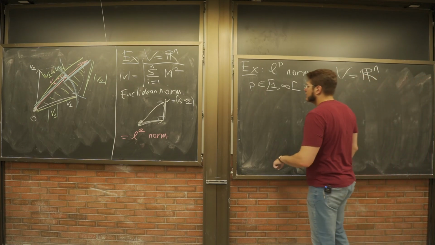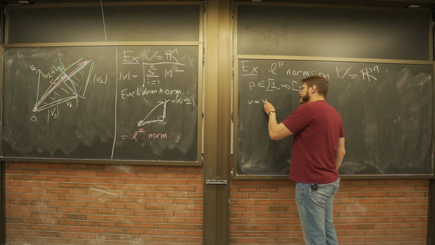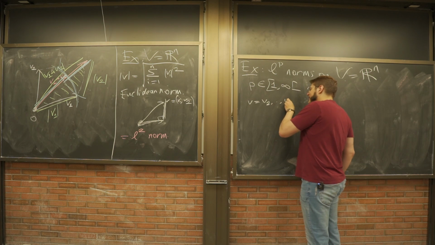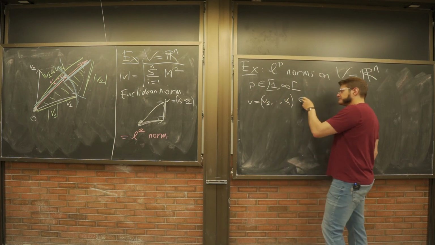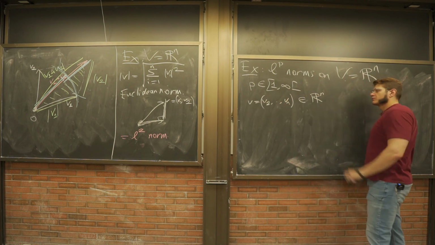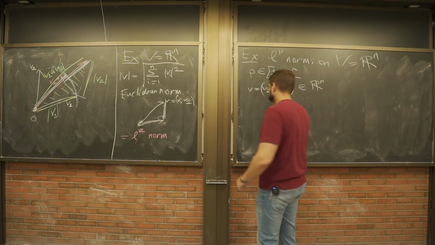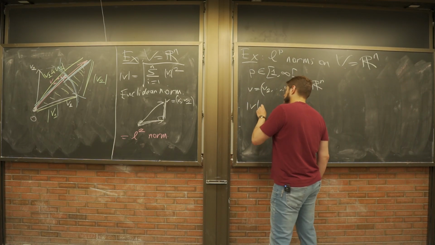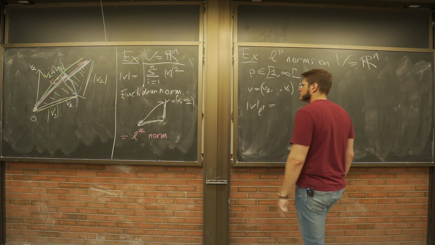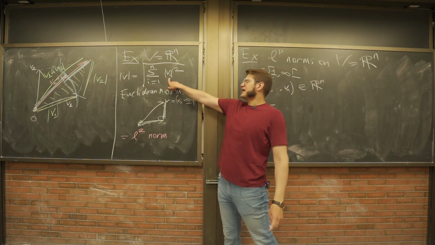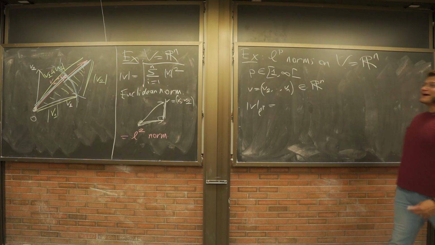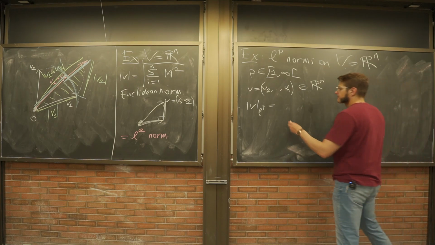And then if I have v, which is an n-tuple of numbers, I define its LP norm to be like this. I'm looking at this expression, and I'm replacing all instances of 2 by this arbitrary number p.